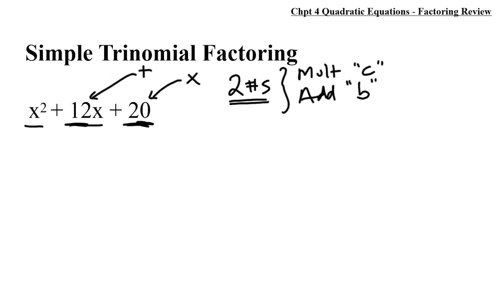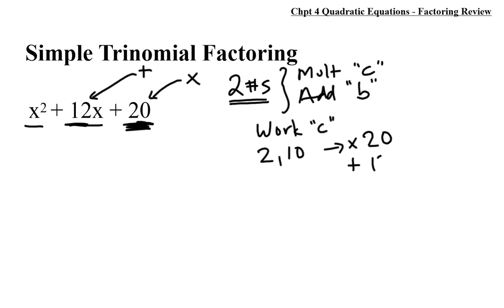Well, what are two possibilities? First of all, my suggestion, always work with the c value. There's fewer combinations to multiply to get 20. Think of those first. Let's just try 2 and 10. That's going to multiply to 20, and when I add those, I get 12.